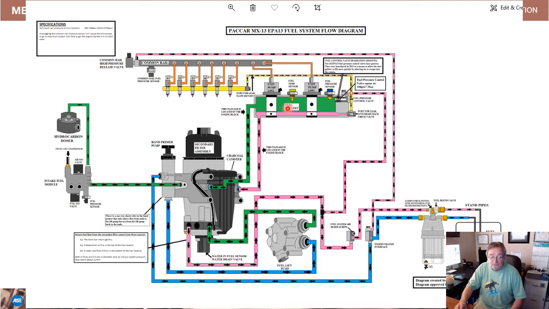The unit pumps are cam driven on our engines, and the brown that you see up here feeding the injectors is high pressure. That's going to be well over 30,000 psi. We have a return from the injectors. The excess fuel is returned, and it combines with the return from the unit pumps and goes back into the system, and ultimately will return back to the tank. It's pretty straightforward.